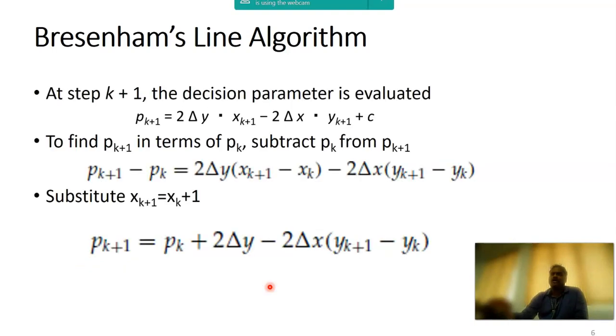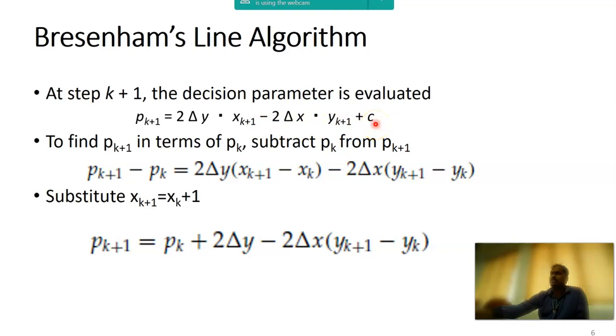At step k plus 1, the decision parameter is evaluated like this. So pk plus 1 equals 2 del y times xk plus 1, minus 2 del x times yk plus 1, plus c.